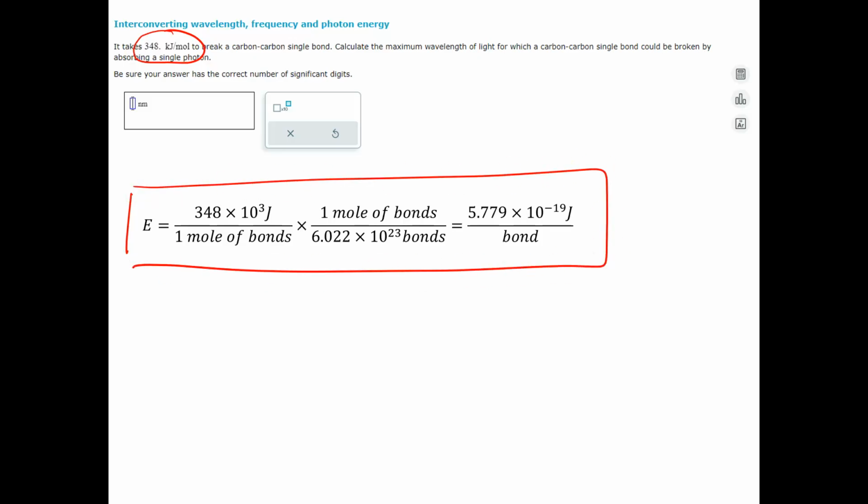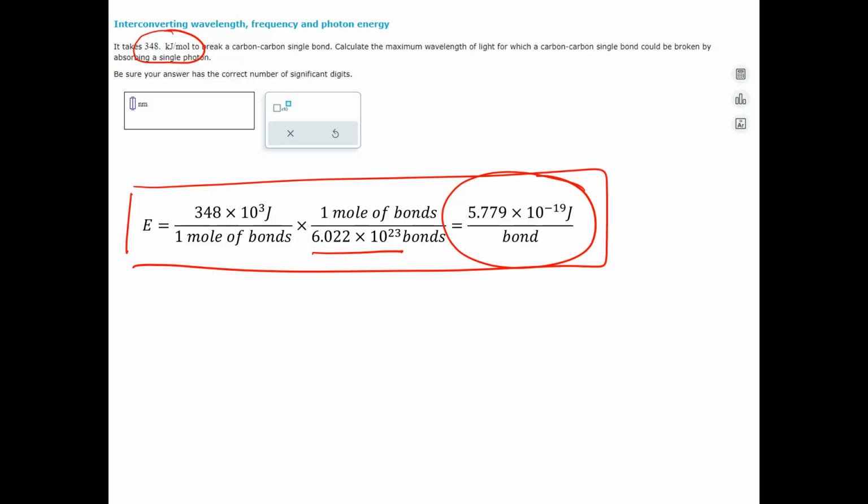348 by 10 to the 3 joules is required to break 1 mole of bonds, but we want to know how much is required just to break one bond. So we have to divide by Avogadro's number. And there we have our energy required. So the single photon that is being absorbed to break one bond has to have energy that is as big as or bigger than this.